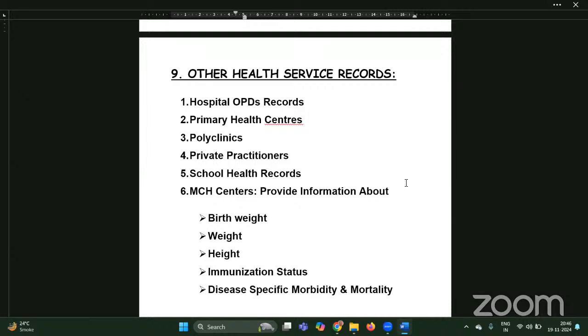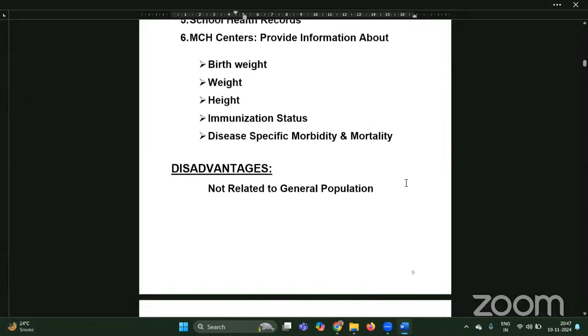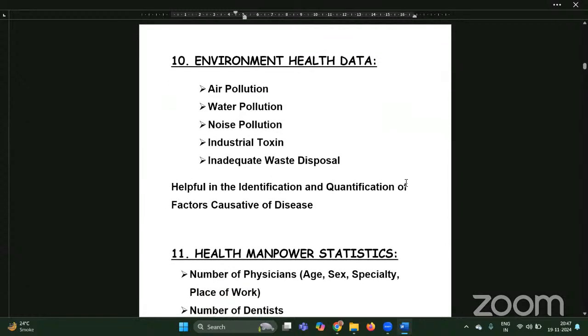Now this slide, health service records, basically hospital records. For colorectal cancer, you can ask colleagues, hospitals, etc. School health records, you may not find colorectal cancers, but the habits you can find out there. And then environmental data. Now, one thing is ecological correlation. The word ecological correlation, many of us may not understand.